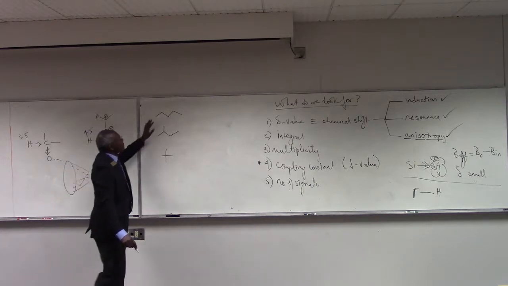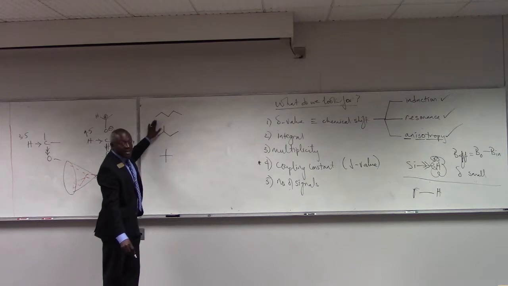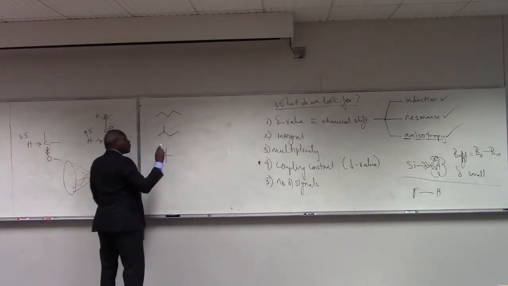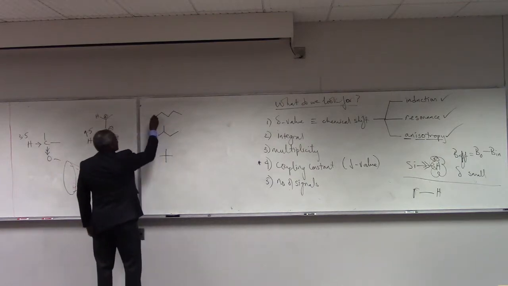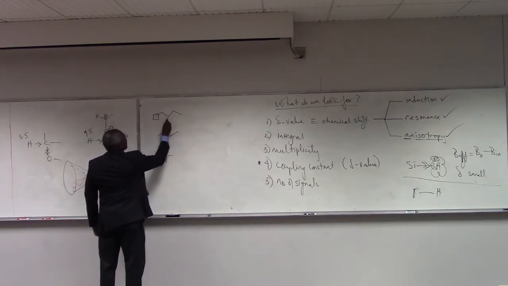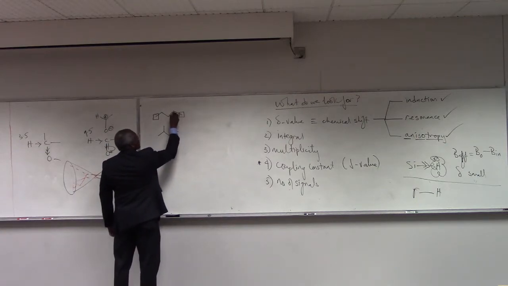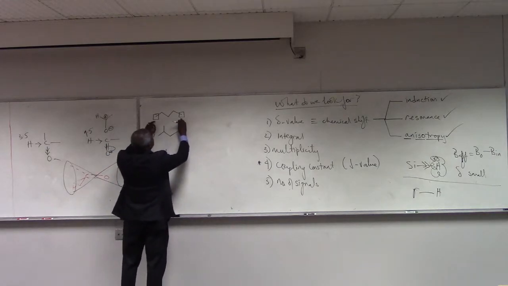If I look at pentane, how many different signals will I see? What you do is you read across the molecule. I have a methyl group attached to a methylene, a methylene, a methylene, and a methyl. Well, that's true here too. So this gives me the same signal.